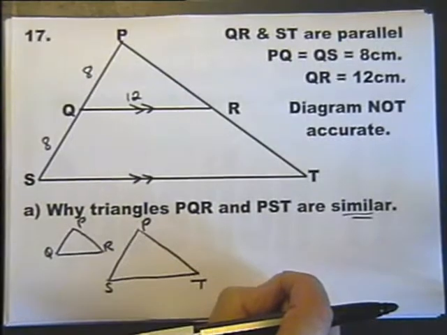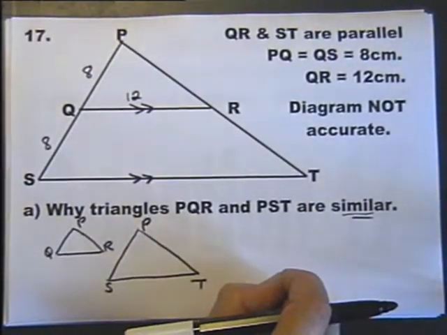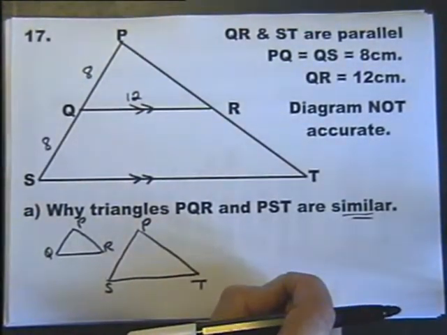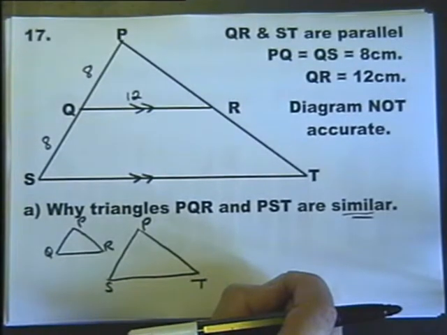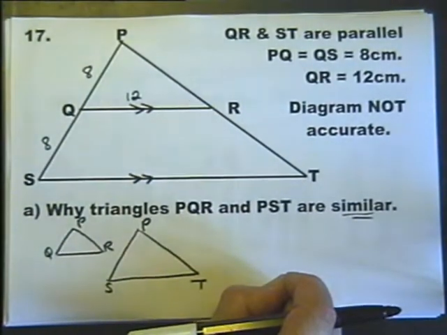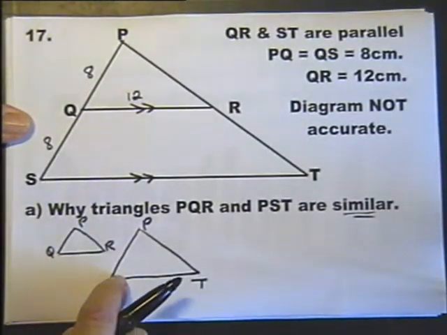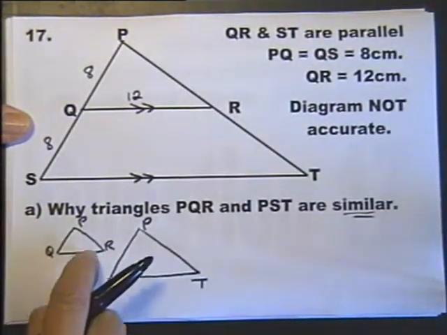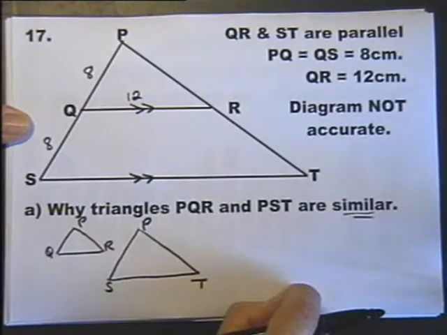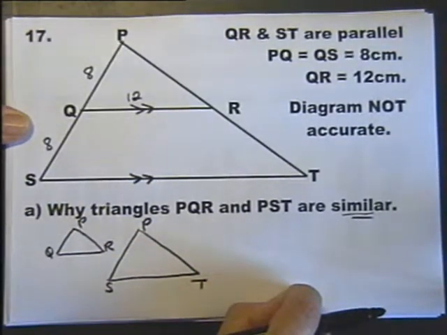Non-mathematically it means look the same, but mathematically it's more precise. To be similar, the angles must be the same, and the sides must be in ratio.